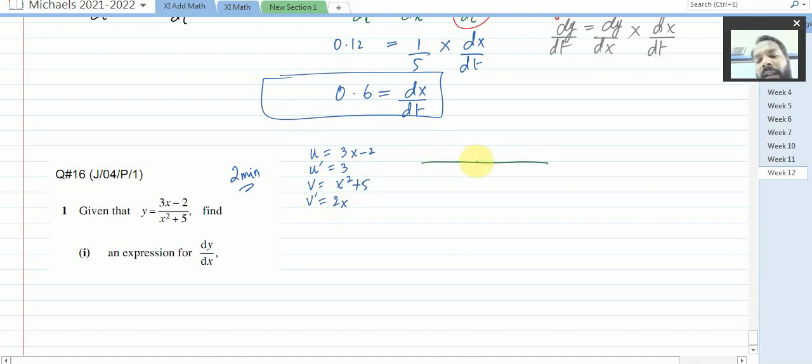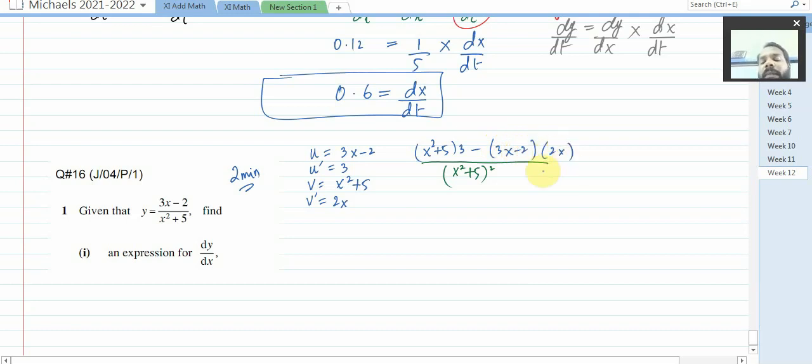In the denominator we have v squared, and v is x squared plus 5, whole squared, right? So it's v, x squared plus 5, times the derivative of u, which is 3, minus u, 3x minus 2, times the derivative of v, which is 2x.